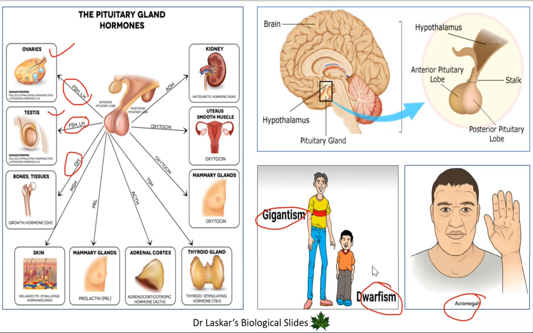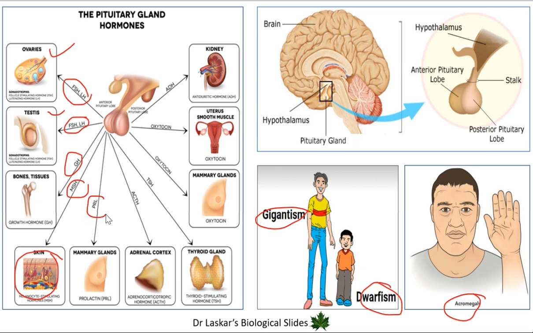Then if we talk about MSH, the full form is melanocyte stimulating hormone. This hormone acts on the melanocytes, that means the skin cells, the melanin containing cells, and after acting on those cells which produce melanin, it regulates the pigmentation of the skin.